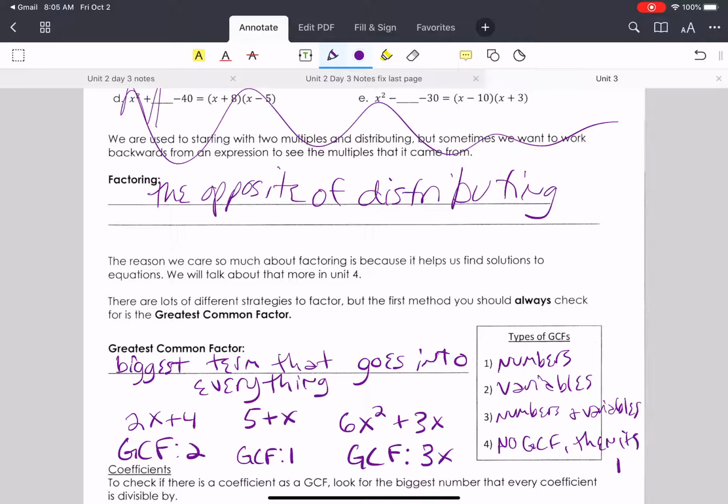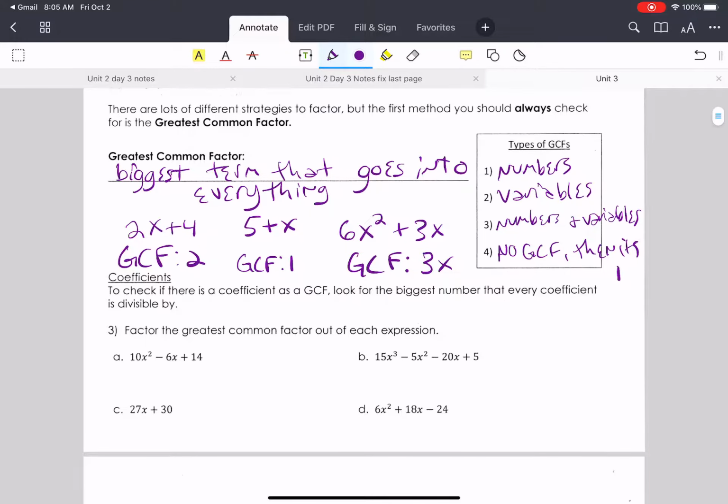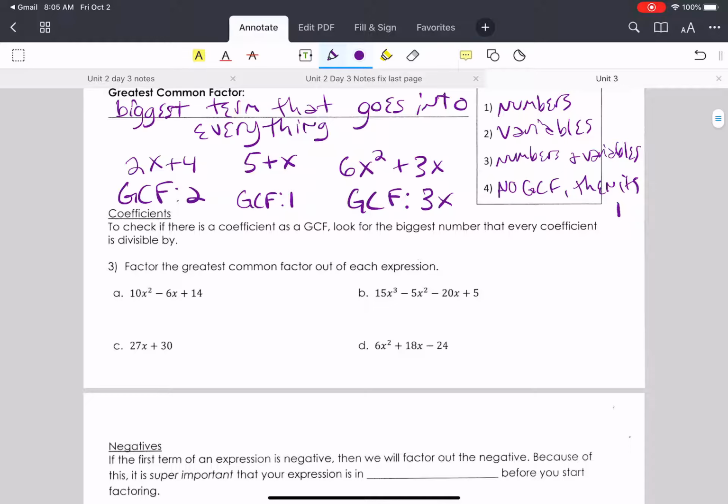Okay. Are there any questions so far about what a GCF is? Anything? Okay. Now, on the first one, and on the second one, for now, I just want you to think of the GCF, okay? So look at 3A and 3B, and I just want you to think of the GCF, okay?